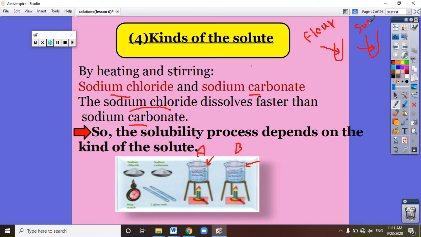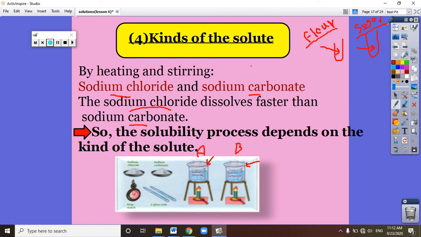So I have here the same amount of solvent, water, in the same beakers. Beaker A contains flour, beaker B contains sugar.